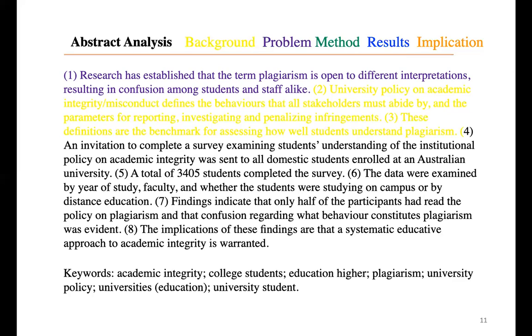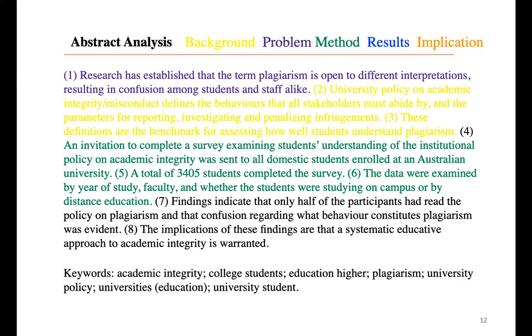So this is about participants. Then sentence 6: the data were examined by year of study, faculty, and whether the students were studying on campus or by distance education. So still about the details of the survey. So these 3 sentences are the method.